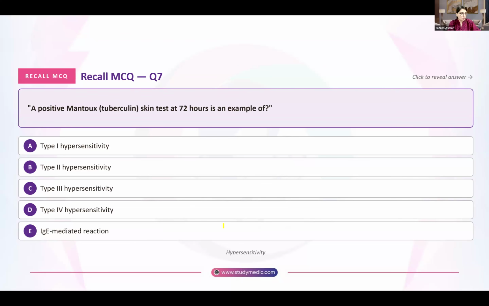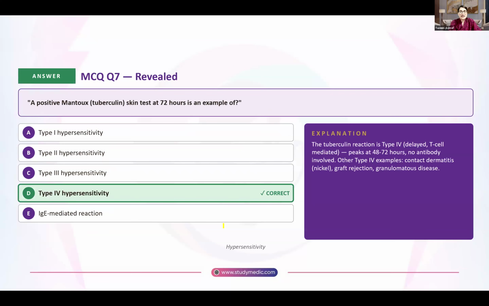Is it type 1, type 2, type 3, type 4, or an IgE mediated reaction? A positive Mantoux, which is a tuberculin skin test, is a type 4 hypersensitivity reaction.